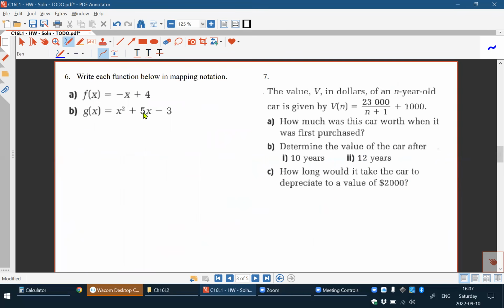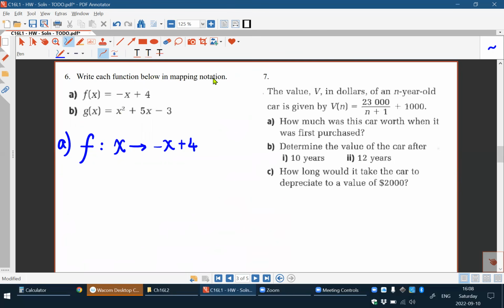Save some time. And next one, write each function below in mapping notation. Okay, so remember you can write the function in the mapping notation, right? So mapping notation means f(x) equals -x plus 4. That means f is a function, and this function maps x to -x plus 4, right?